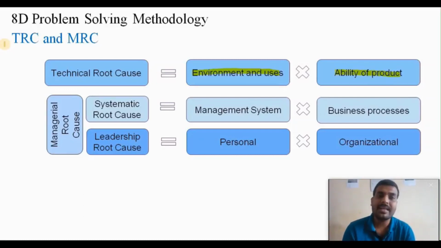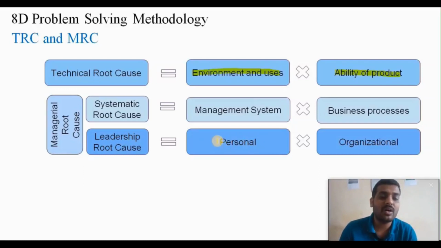Then the second is the leadership cause. This leadership cause is due to personnel or the organization. Personnel causes are all issues that affect associates' deployment and qualification. For example, a less skilled or unskilled operator working on the machine, or associates not being deployed for the operation according to their skill.